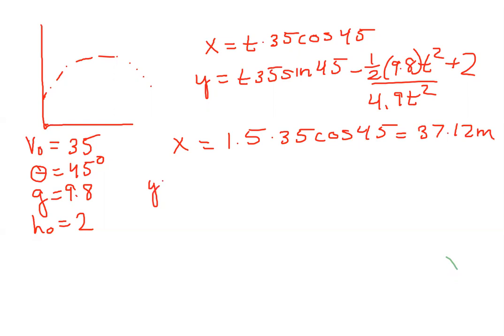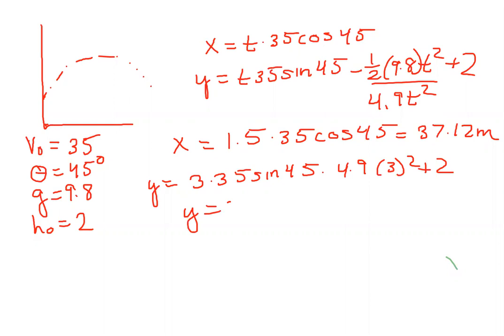And if we want our vertical distance, we're going to substitute now after 3 seconds. So we're not finding the horizontal and the vertical at the same number of seconds. So 3 times 35 sine 45 minus 4.9 times 3 squared plus 2.